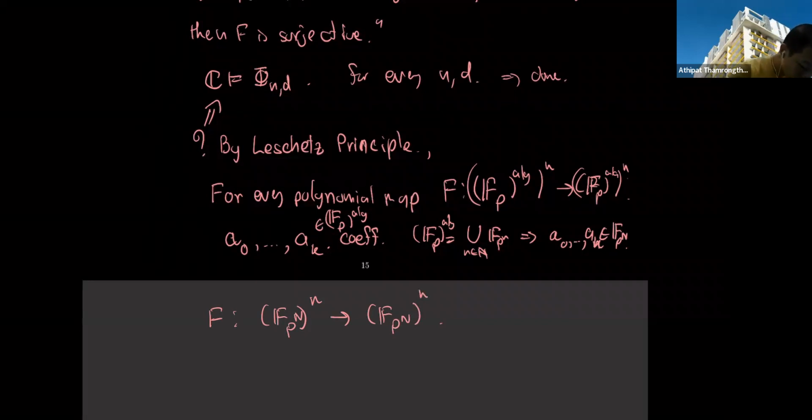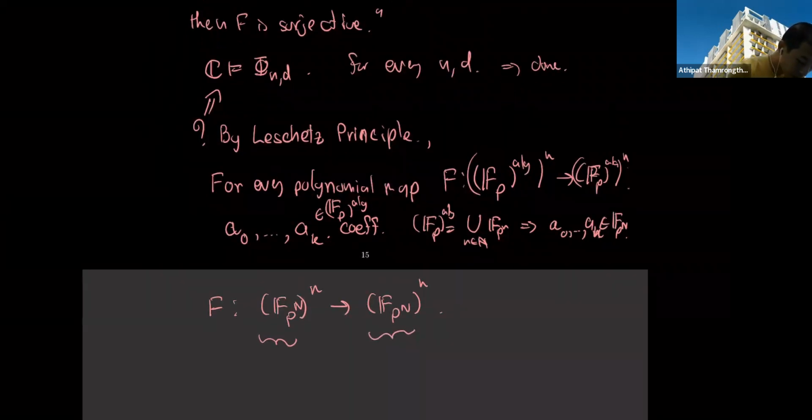Now you can use the pigeonhole principle, because f is an injective map from this finite set to a finite set of the same cardinality, so the map must be surjective.